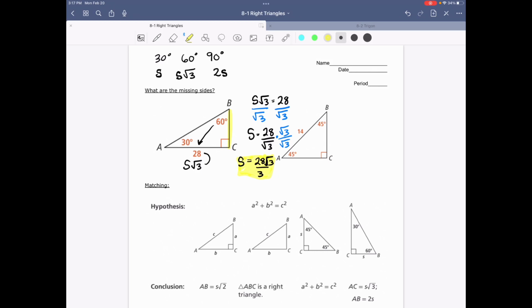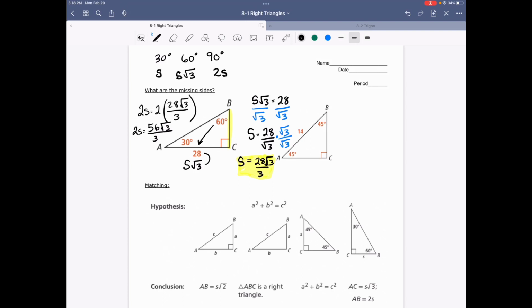So 2S will be equal to 2 times 28 square roots of 3 over 3, and 2 times 28 is 56. So 2S is going to equal 56 square roots of 3 over 3. And that is going to be our AB.